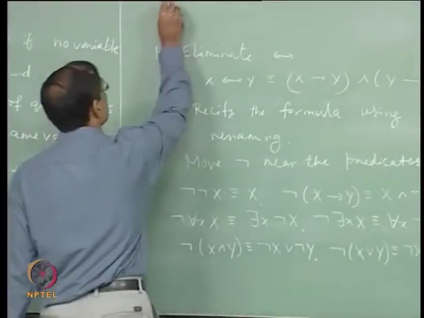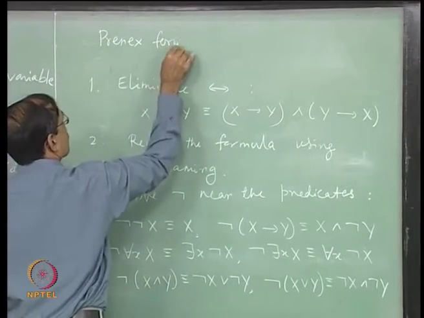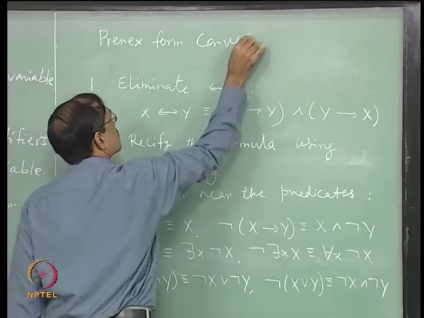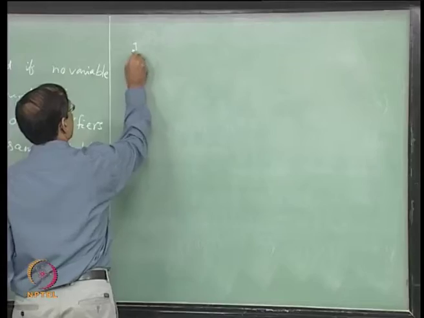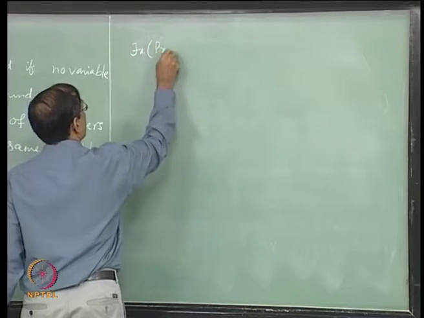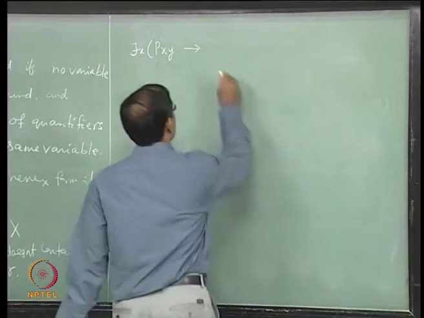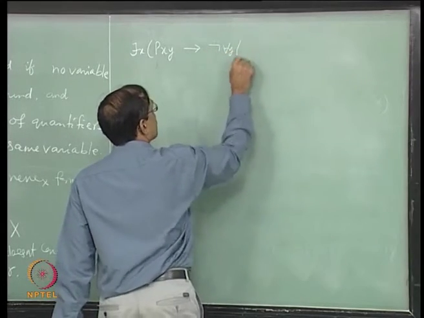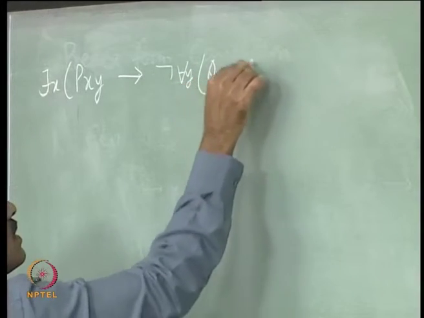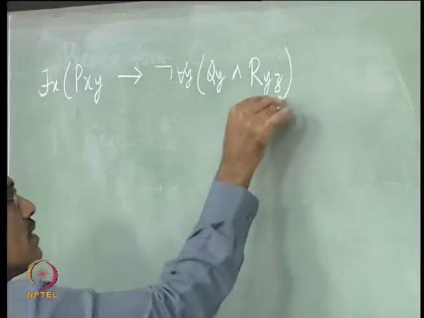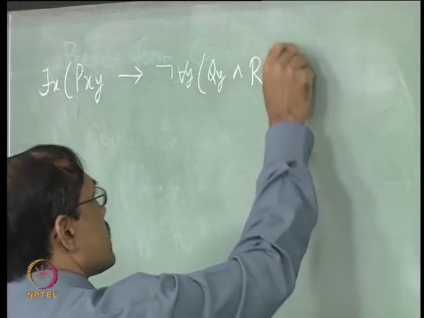So, this procedure is called prenex form conversion. We take the first one. So, there is x P x y implies not for each y (Q y and R y z) and Q x implies for each x S x.